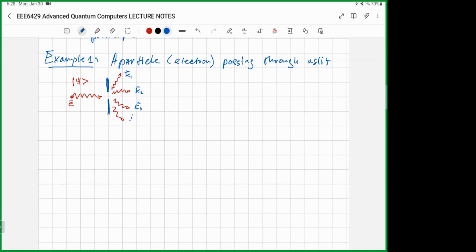Then you send another electron, and again it goes in all these directions simultaneously. But if you measure it, you can, for example, find this electron in state 3.